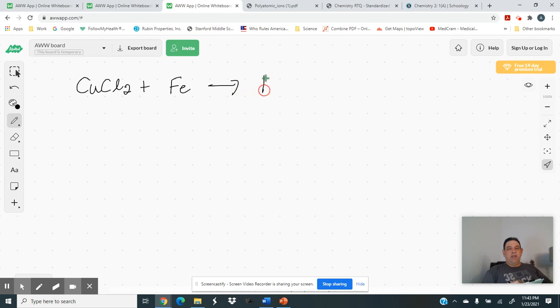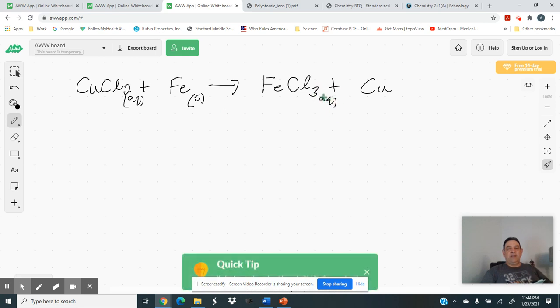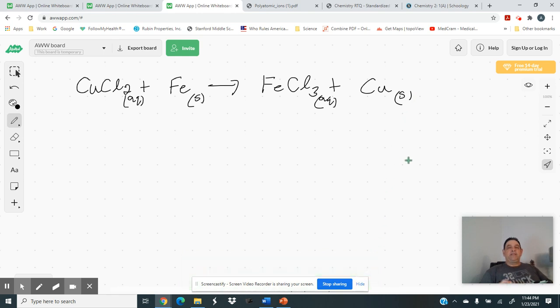Let's say this here is aqueous. I'm sorry, that looks terrible. Try that again. Aqueous. Well, better. The iron is solid, FeCl3 is aqueous, and the copper is solid. All right, so let's say we have this equation right here.